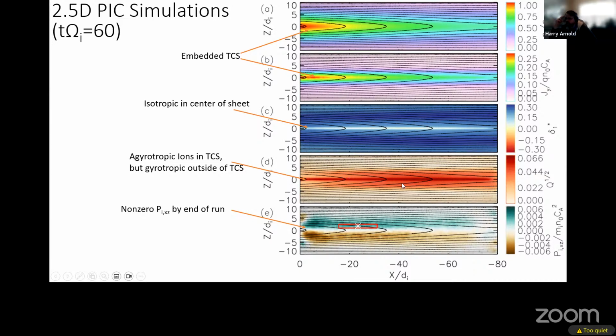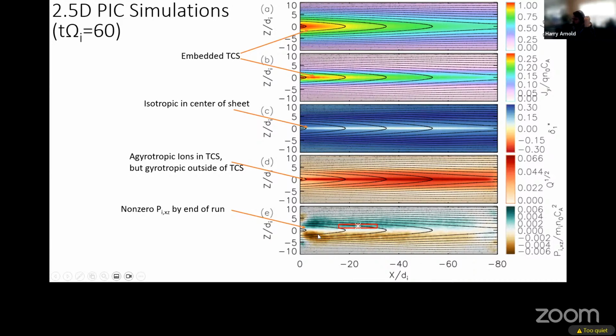And it's interesting as well, because if we are agyrotropic, then this, of course, suggests that MHD is going to be missing this kind of kinetic physics. Even the CGL equations or anisotropic MHD won't capture the fact that our ions are indeed agyrotropic. So that does make this difficult to capture in global simulations.